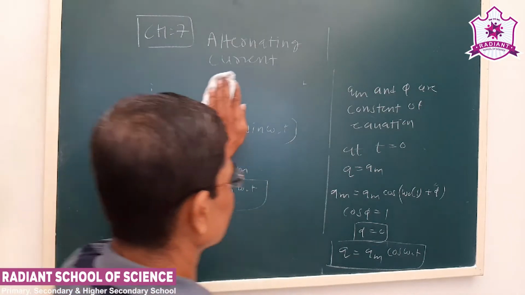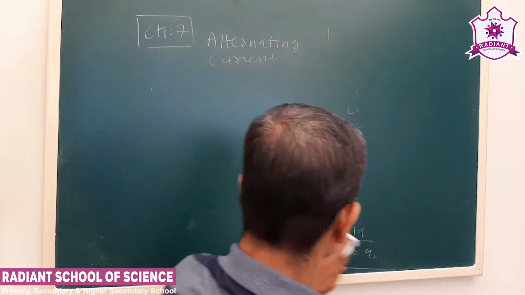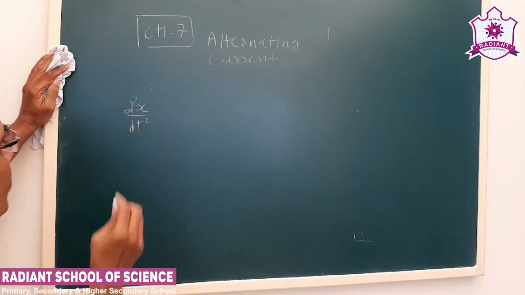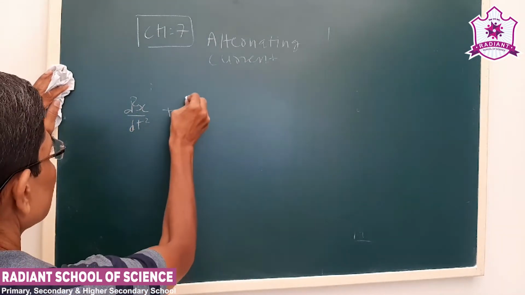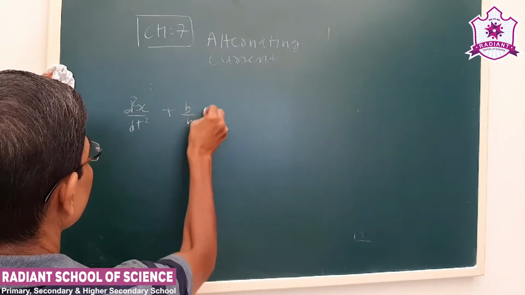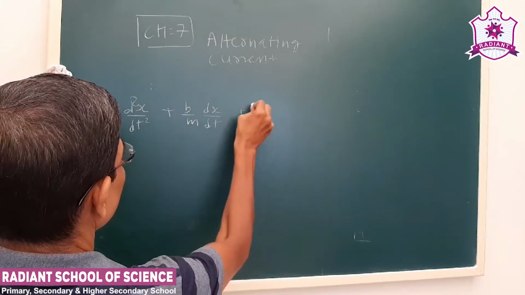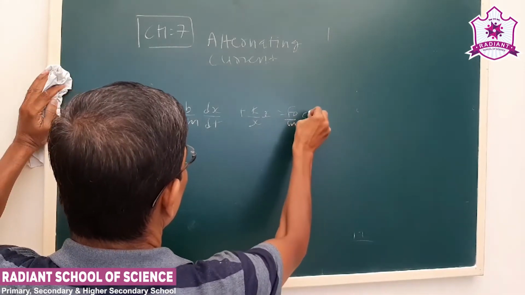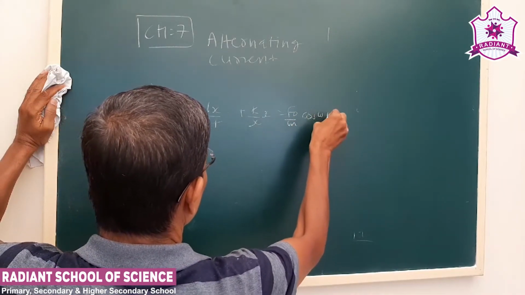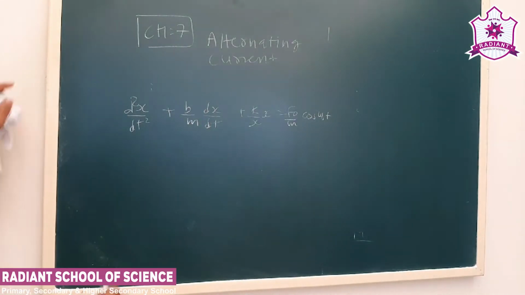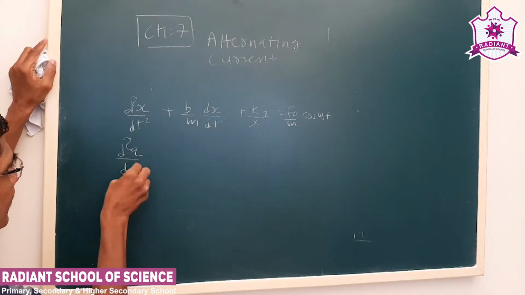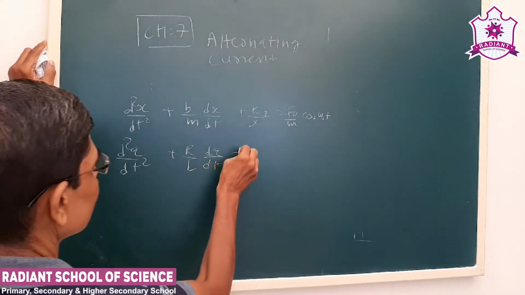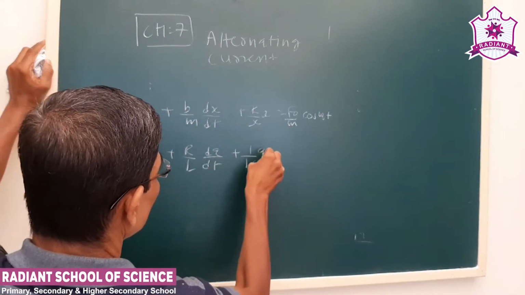It was like this: plus B upon M. Here d square q by dt square plus R by L dq by dt plus 1 upon LC q.